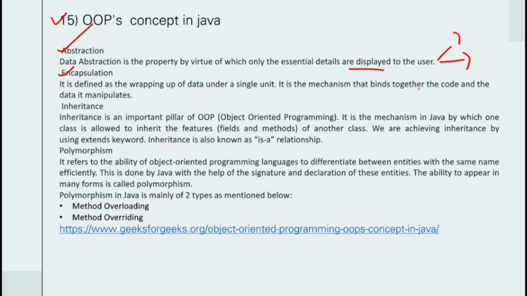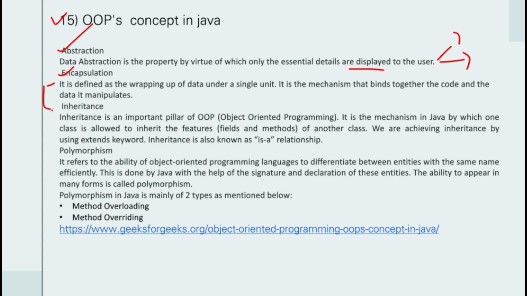It is a mechanism that binds together the code and the data it manipulates. Basically, encapsulation is something like, in a class we have some attributes and some methods. Suppose we define the attribute as private, for security reasons. So how can someone access a particular variable?